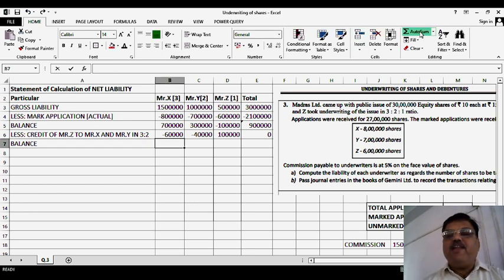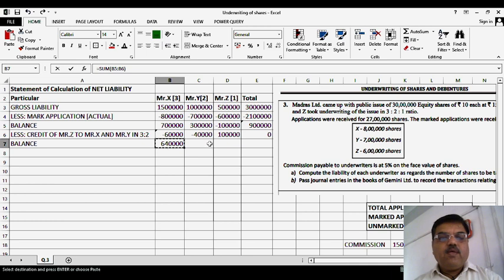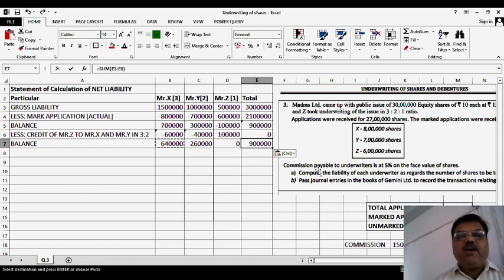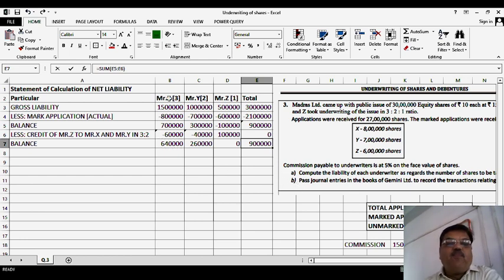Balance of Mr. X: 7 lakh minus 60,000 comes to 6 lakh 40,000. Then here 2 lakh 60,000, here 0, and the total comes to 9 lakh. That means now the liability of Mr. X is 6 lakh 40,000, liability of Mr. Y is 2 lakh 60,000, and total liability comes to 9 lakh.